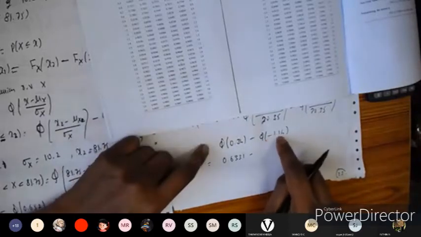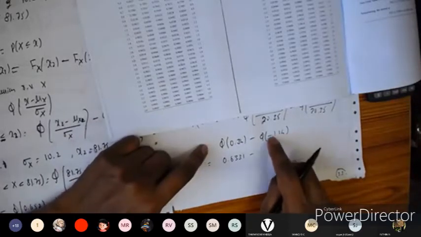And phi of minus 1.14 is nothing but 1 minus this answer.